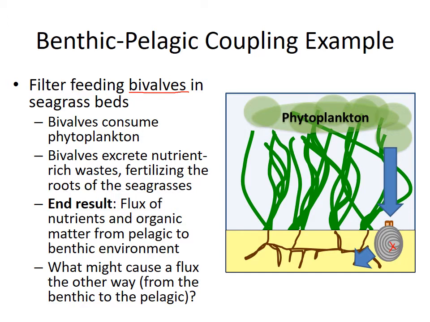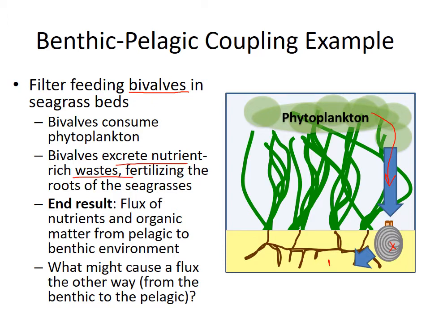So bivalves consume phytoplankton. Basically they pump water through the siphon into their body. They filter out these phytoplankton cells, and so the phytoplankton is a pelagic organism, and the organic matter from the phytoplankton is being transferred into the clams, and then the clams are excreting nutrient-rich wastes.